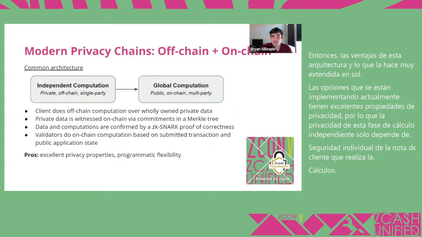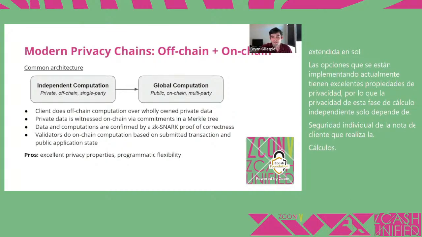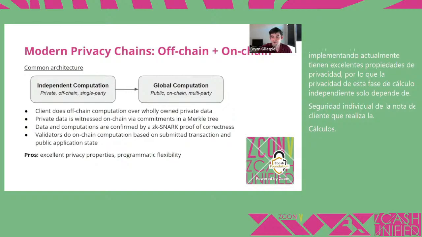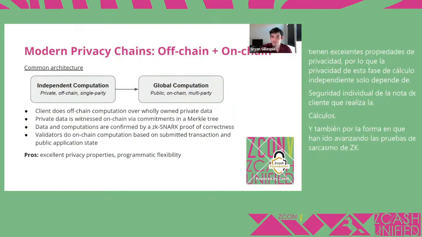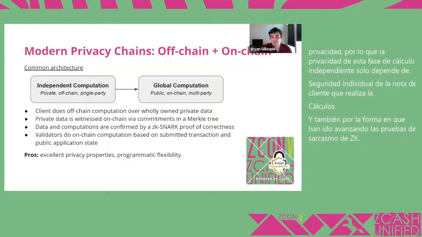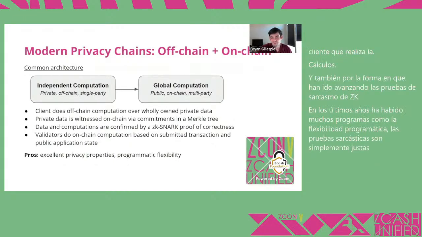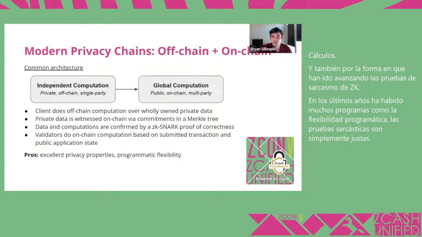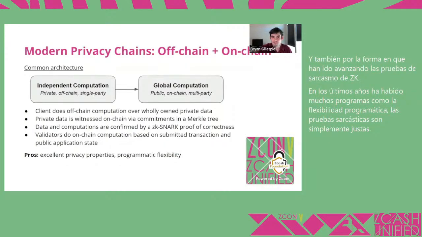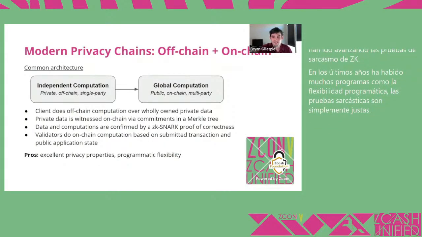Additionally, because of the way that ZK SNARK proofs have been advancing over the last number of years, there's a lot of programmatic flexibility. SNARK proofs are exploding in usefulness in terms of their efficiency and the tooling available for them. So application development is becoming easier and easier.